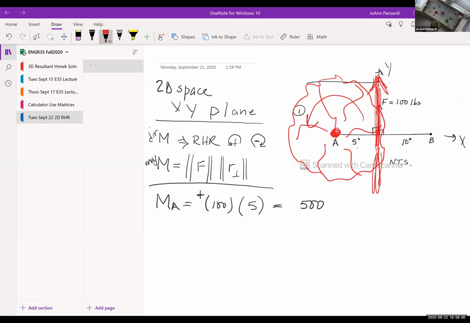Okay, so it's spinning around the z-axis. The force is in the y-axis. My distance is in the x-axis. It's spinning around the z. Can you picture a pinwheel? If you blow it, it's spinning around the z-axis. Yeah, but that's a little bit of a cheap shot though, right?